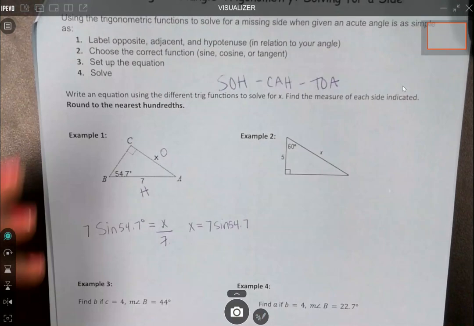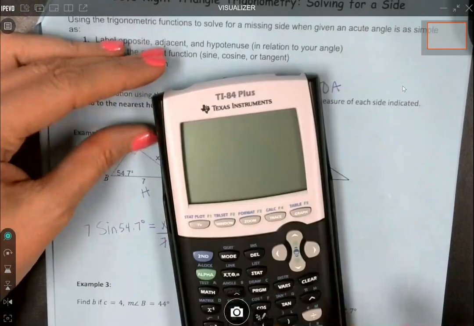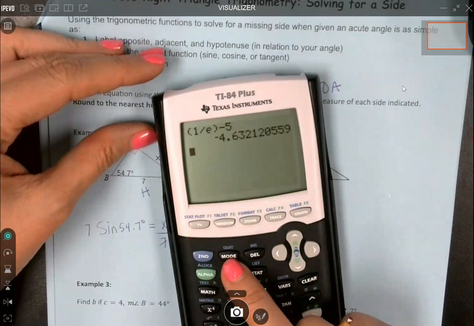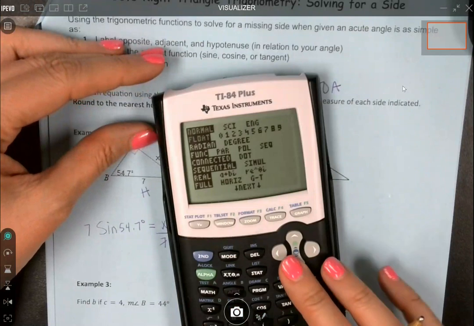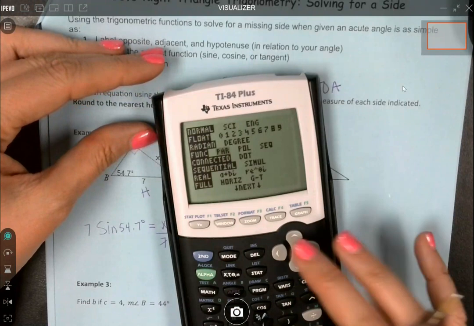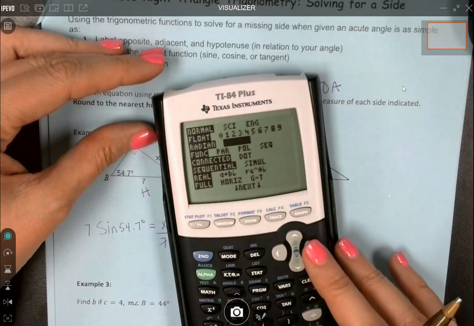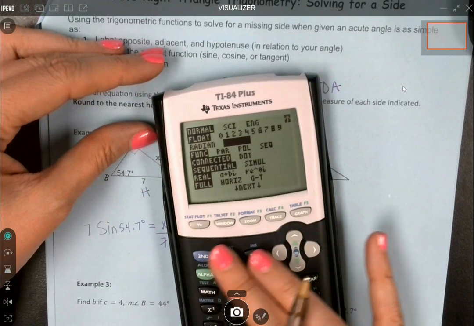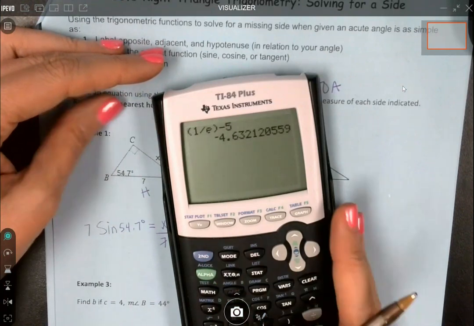Now I'm going to enter that in the calculator. So in your calculator, push the button mode, it's right next to second. Go down and make sure you are in degree. So go over, use the arrow, go over to degree, hit enter. Okay, you want to make sure you're in degree mode before you do this.